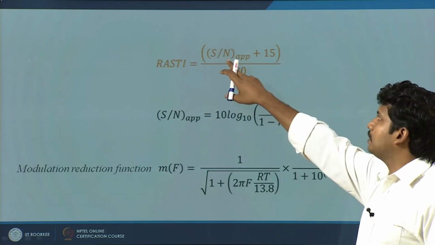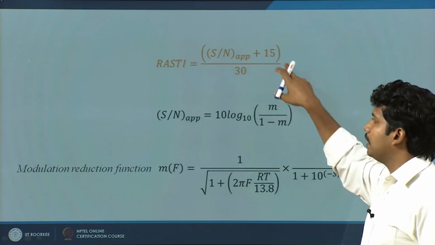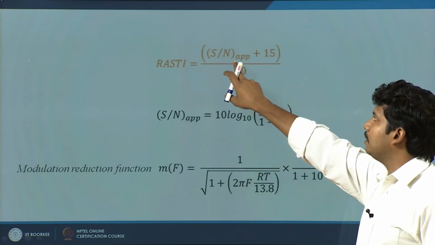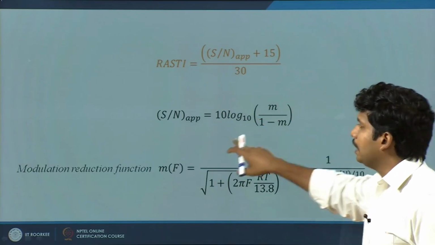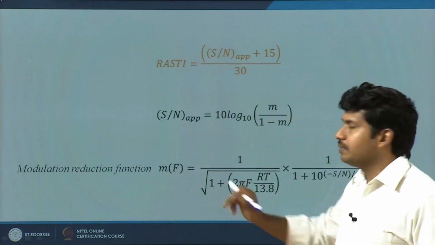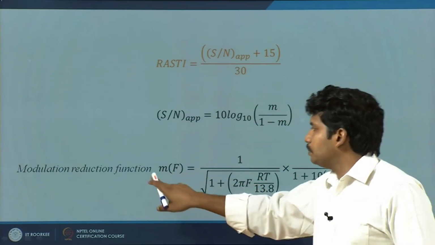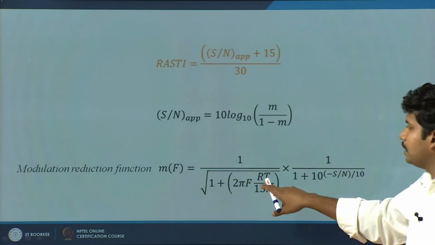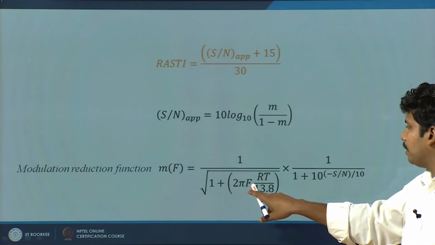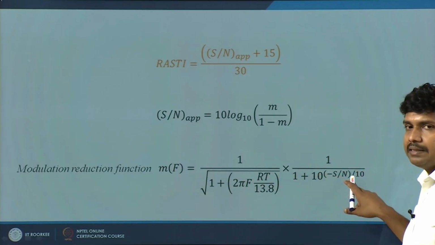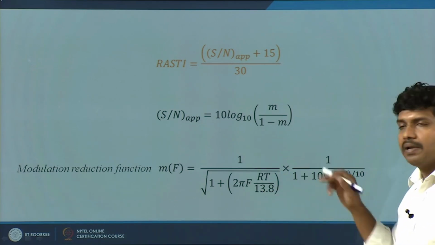RASTI is based on the apparent signal to noise ratio. There is a relation here. You get the signal to noise ratio from an index called the modulation reduction function. This modulation reduction function depends on the reverberation time and the frequency, apart from the basic signal to noise ratio at that particular frequency.